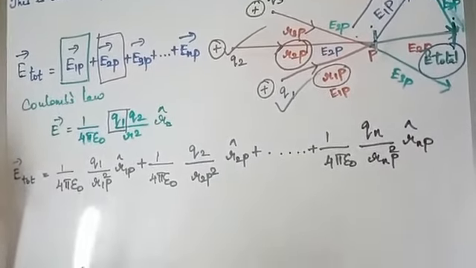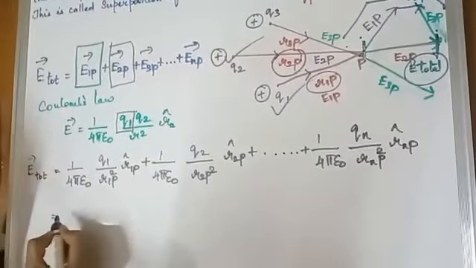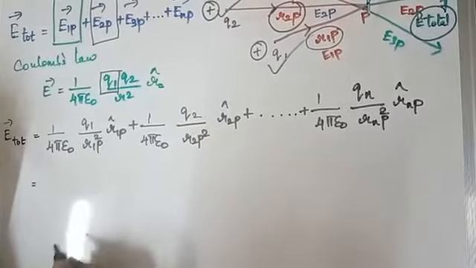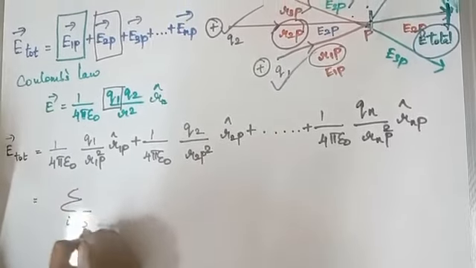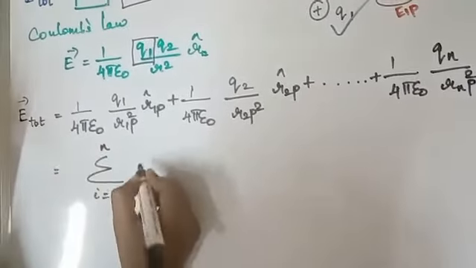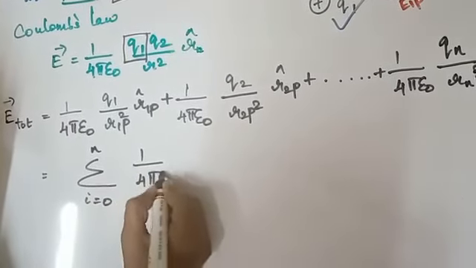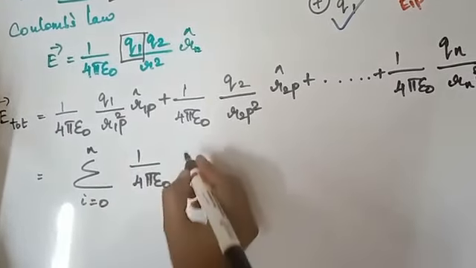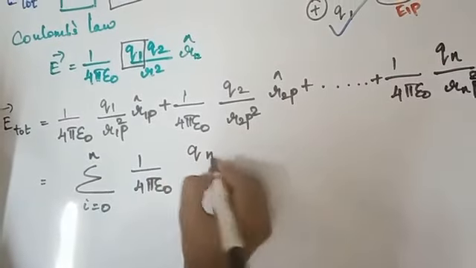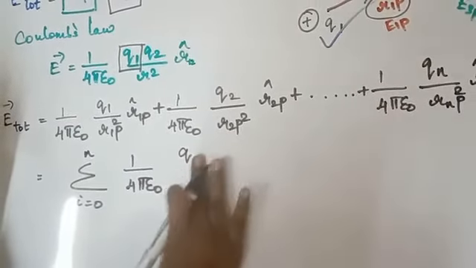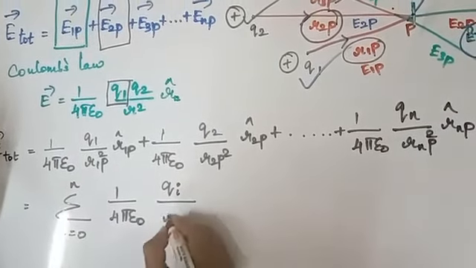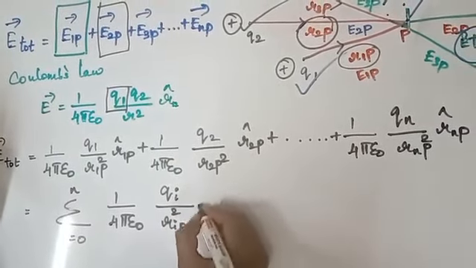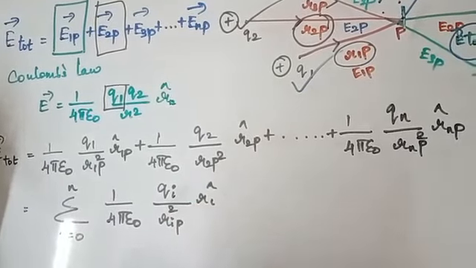Now I am going to sum all these values. So the sum from i equals 0 to n of 1 by 4 pi epsilon naught, Qi upon RiP square, Ri unit vector. Here, instead of n, I take i because I take all values.